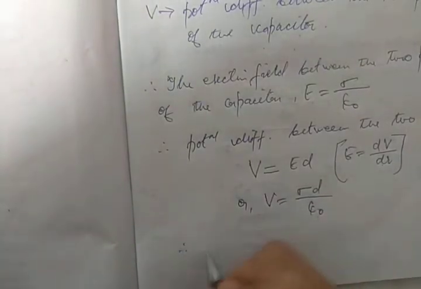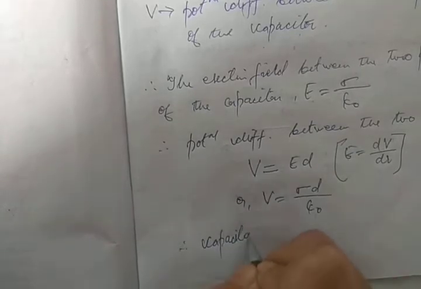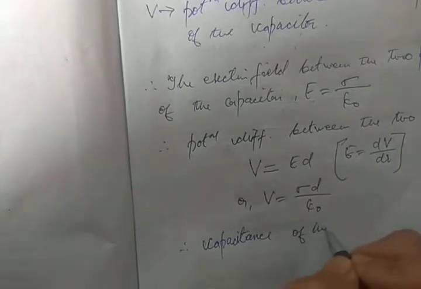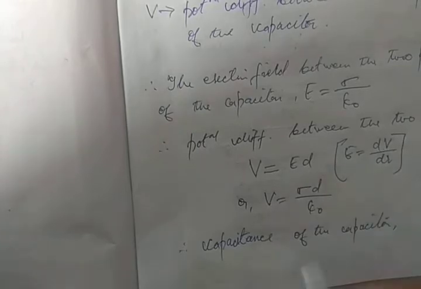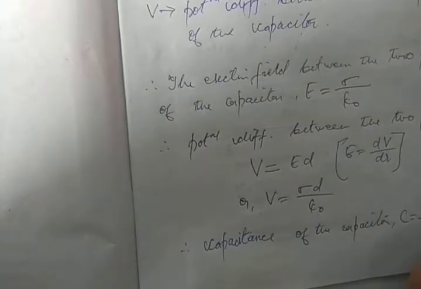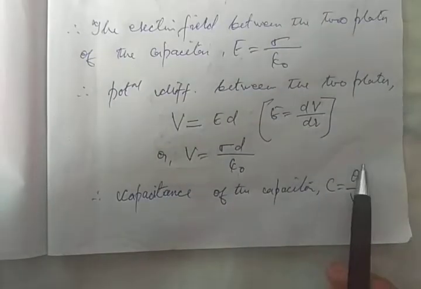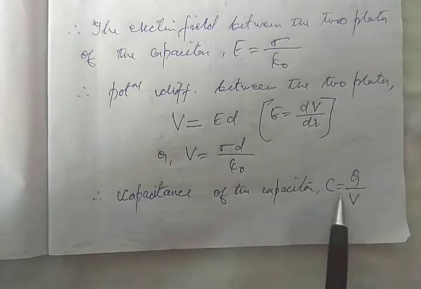Therefore, capacitance. Every capacitor will have its capacitance. So the capacitance of the capacitor, let's call that C, is charge divided by potential, C is Q by V, from the definition of capacitance.